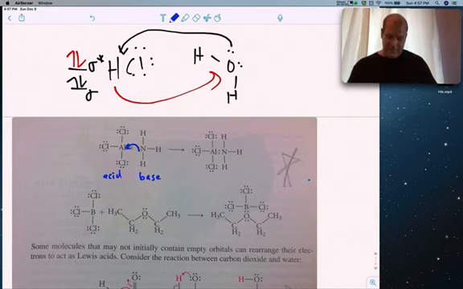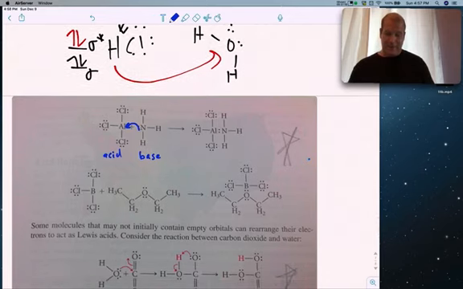Here water is the base, and water is going to donate electron density to the hydrochloric acid, and adding the electron density will pop off that hydrogen from the anti-bonding orbital, and then that hydrogen will attach itself to the water. That is the actual process that goes on. That's the best way to look at it, at least as far as where the electrons are going.